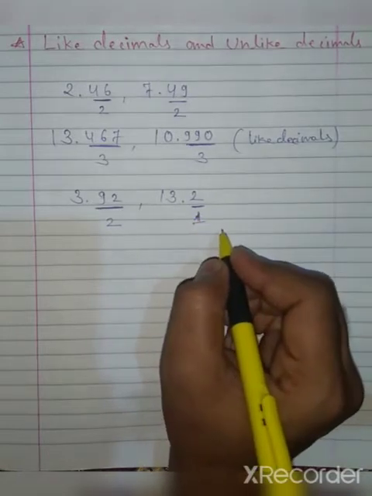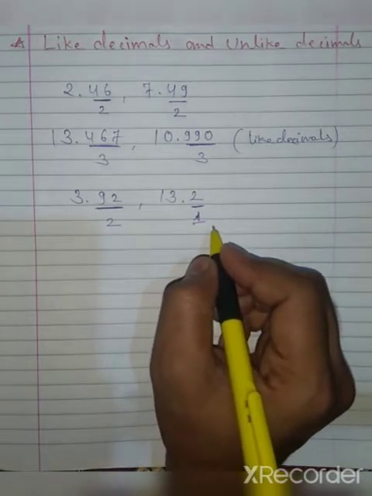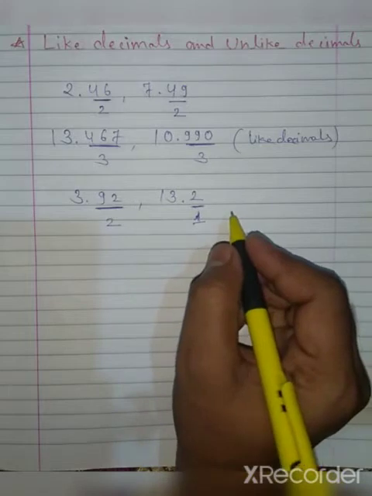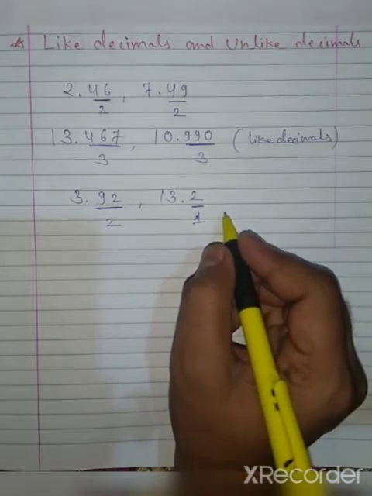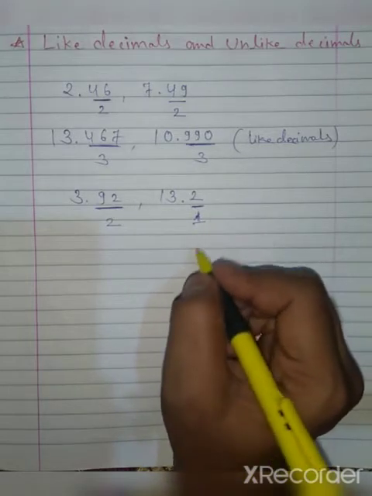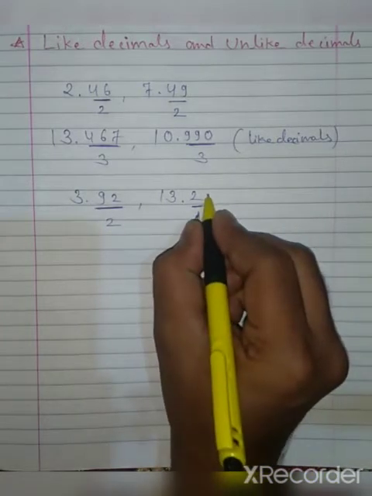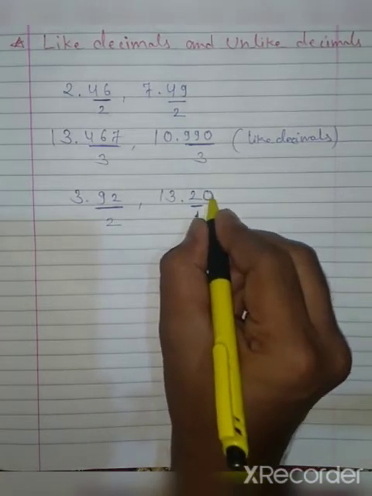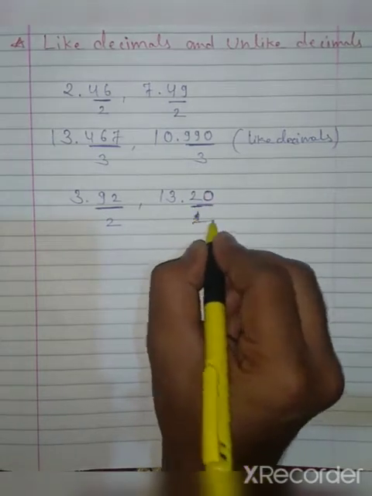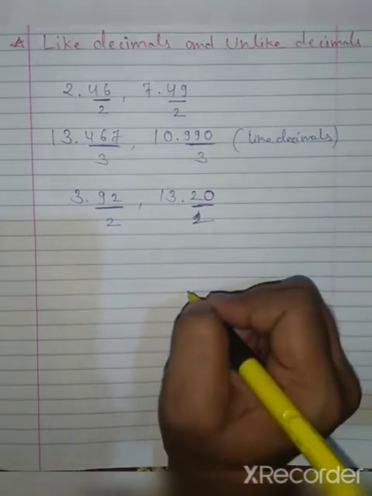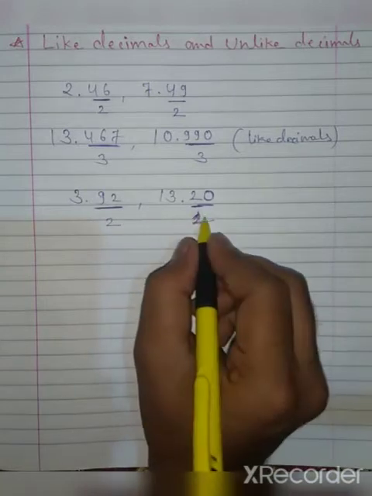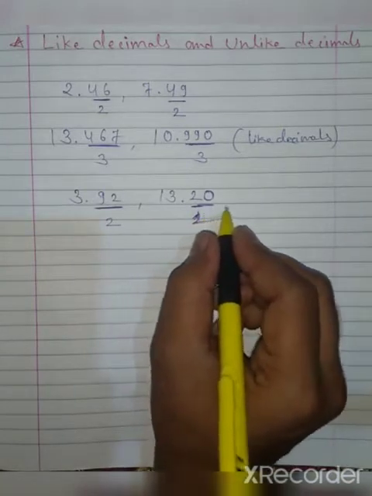So these are called unlike decimals. We can convert unlike to like decimals by putting 0 at the end of the decimal number. So if you put 0 here, now you will get 2 decimal places, and now you can say both are like decimals.